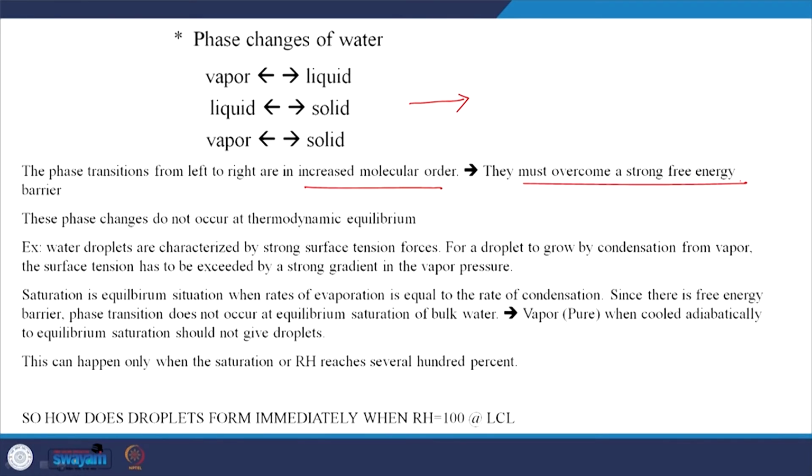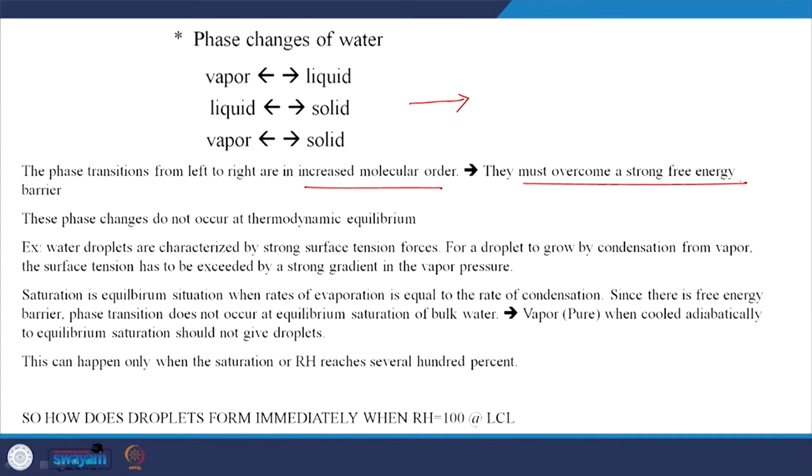These phase changes do not occur at thermodynamic equilibrium. For example, water droplets are characterized by strong surface tension forces. For a droplet to grow by condensation from vapor, the surface tension has to be exceeded by a strong gradient in the vapor pressure. So, as the droplet grows, there has to be a gradient in the vapor pressure.